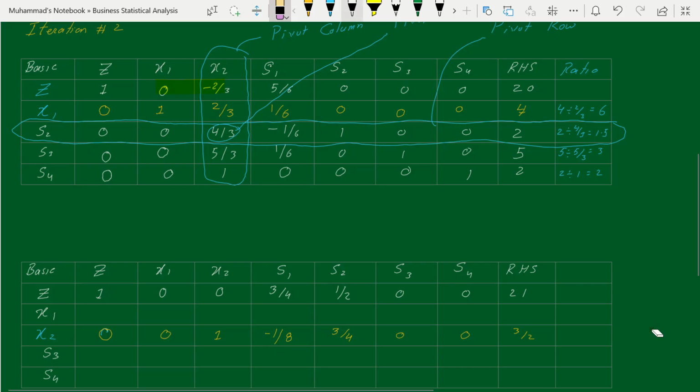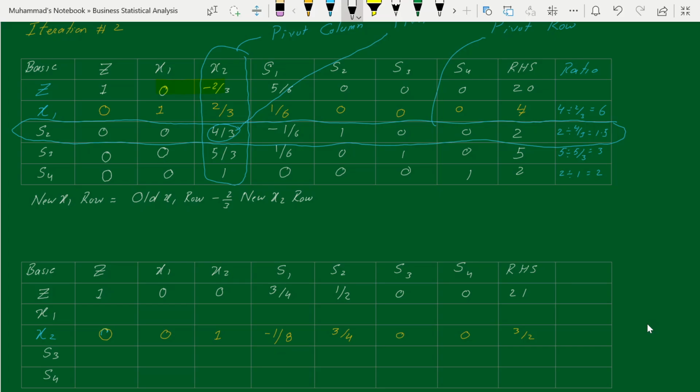First I will write the expression: new x1 row is equal to old x1 row minus 2 by 3 new x2 row.